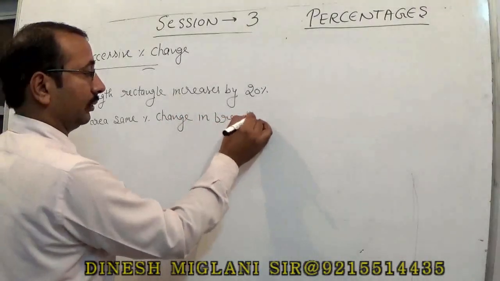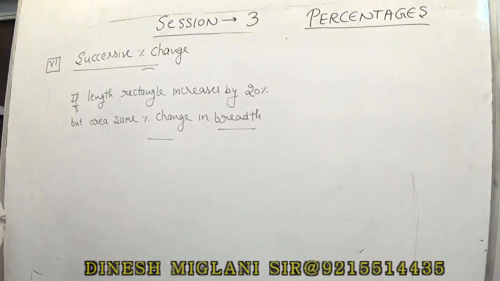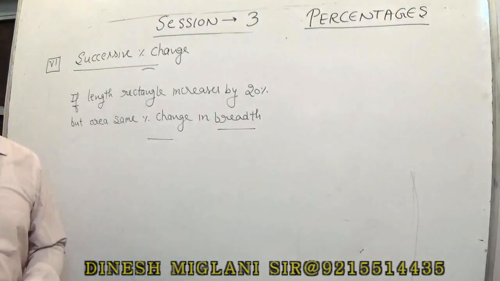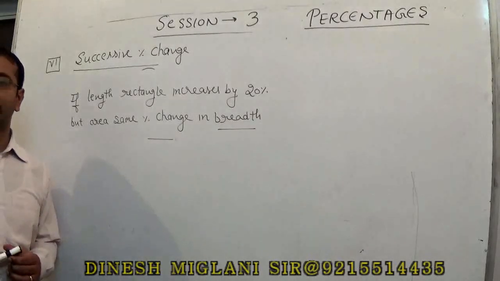What is given to you? If length of a rectangle increases by 20% but area remains the same, you have to find out what is the percentage change in breadth.